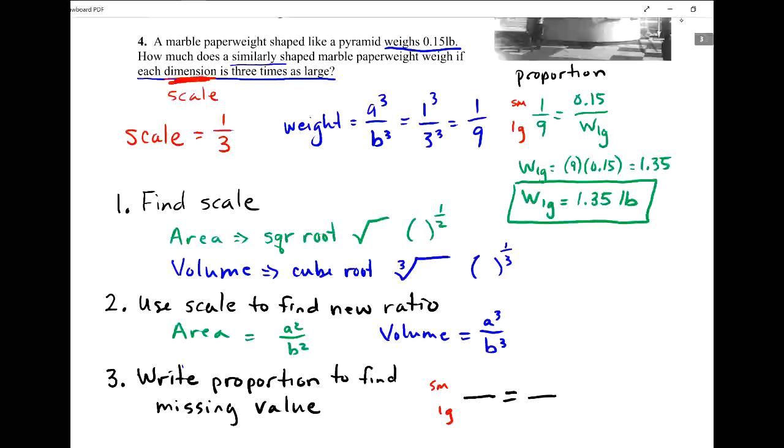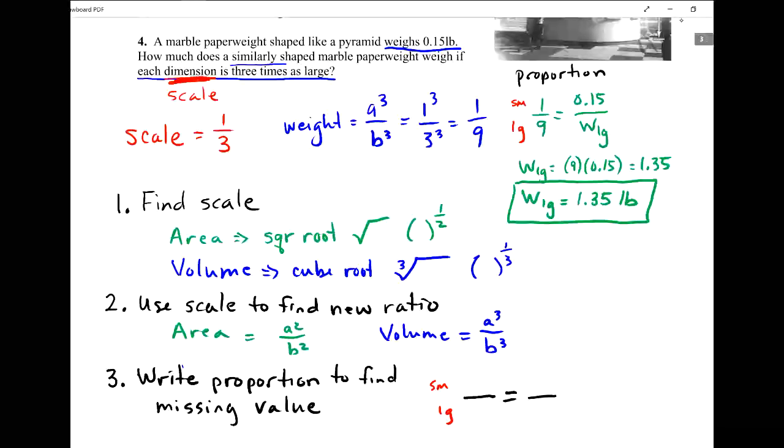If you're given an area ratio, you square root, and you know where the square root button is on your calculator, or you can use the up hat 1/2. Don't forget your parentheses. If you're given the volume ratio, you need to cube root, and the cube root button is under the math button, number 4, or you can use the up hat to the 1/3 power. Don't forget your parentheses there as well. So then that will give you your scale.